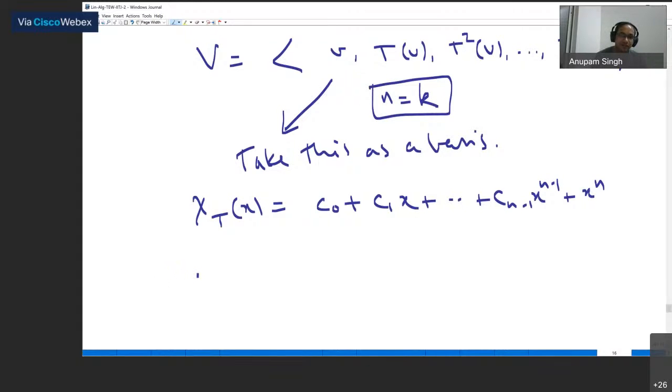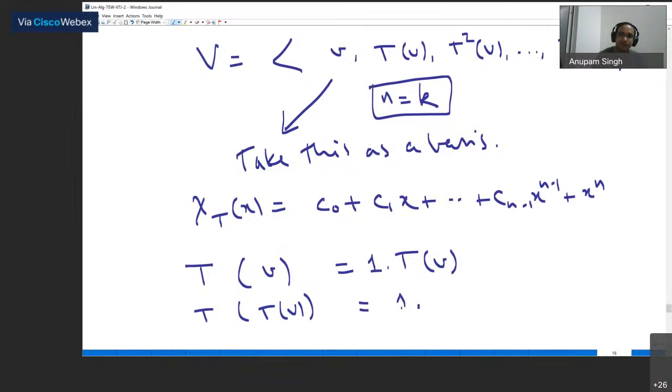Let's do this. To write the matrix, we compute T of these basis vectors one by one. So T of v is simply Tv, so this is just 1 times Tv. T of Tv is basically 1 times T squared v, right?